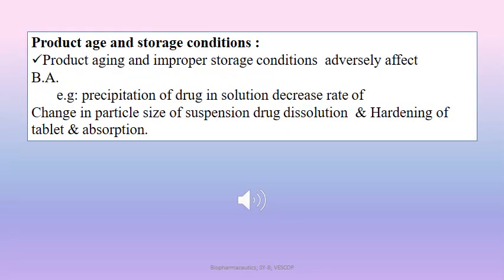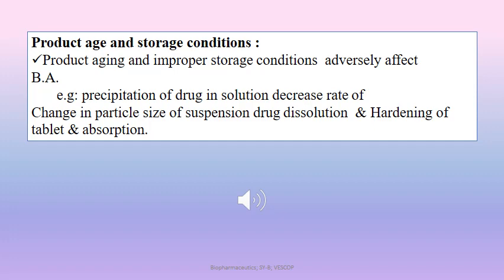In case of solutions as dosage form, precipitation of drug due to altered solubility or conversion of metastable into poorly soluble stable polymorph can occur during the shelf life of the product. In case of suspensions, change in particle size distribution results in decrease in the rate of drug dissolution and absorption.